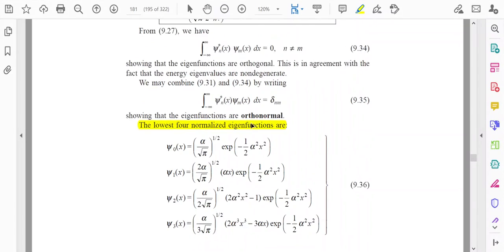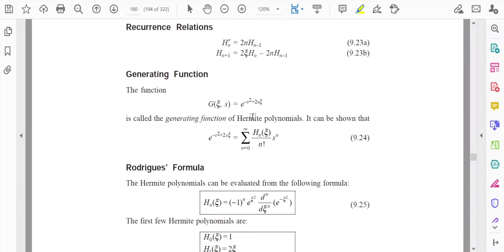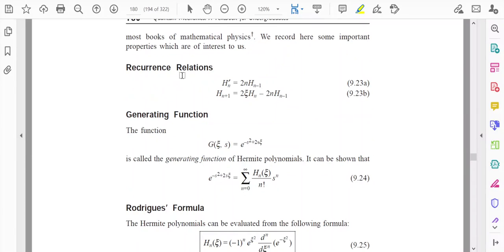Some important properties of the Hermite polynomials are, there are some special recurrence relations. For example, H n prime is equal to 2n H n minus 1, and H n plus 1 can be expressed as 2 zeta H n minus 2n H n minus 1. H is a function of zeta. It may be x or y, whatever it is. So H n plus 1, that is higher order H values, can be expressed in terms of lower order H values. These are known as recurrence relations.